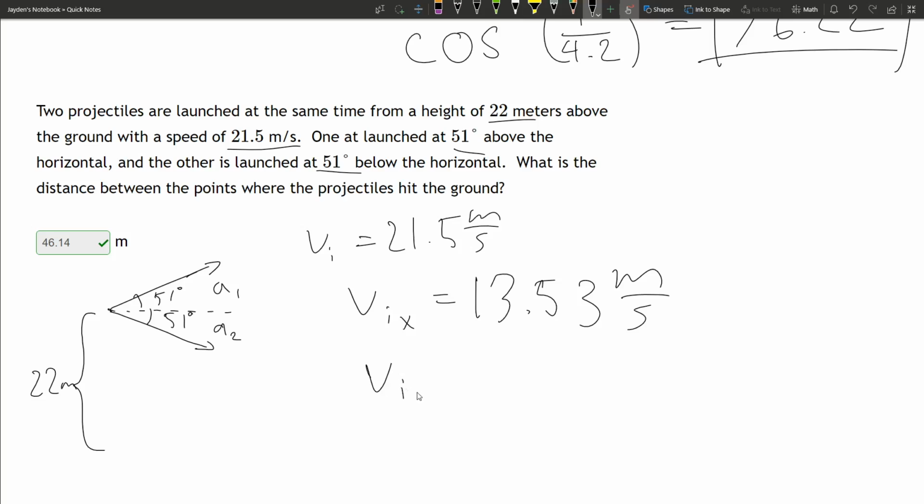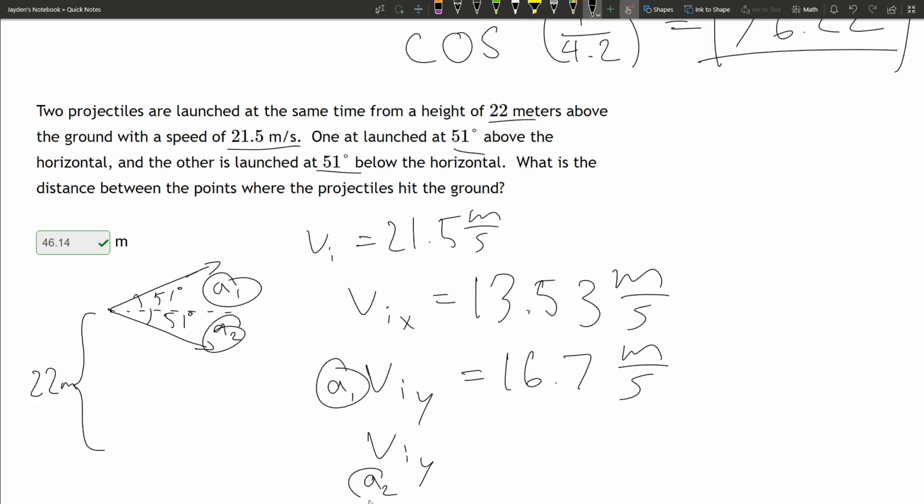Whereas the initial velocity in the y direction is going to be the sine value, but we're going to have a negative angle. So for angle 1 right here, it's going to be 16.7 meters per second in the y direction. But for angle 2, it is going to be negative 16.7 meters per second.